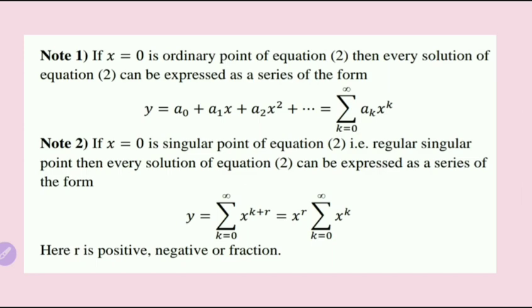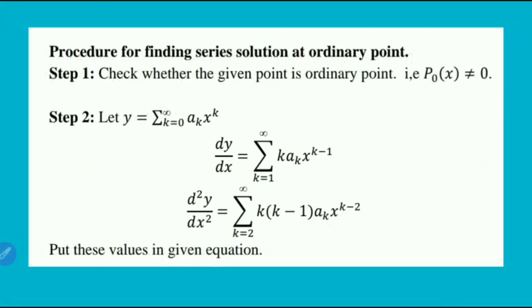Now the next thing is the procedure for finding the series solution at an ordinary point. Whenever you have in front of you a linear differential equation of the type p0 of x d2y by dx square plus p1 of x dy by dx plus p2 of x y, how do you find a series solution at an ordinary point?